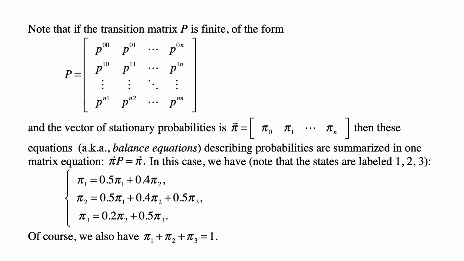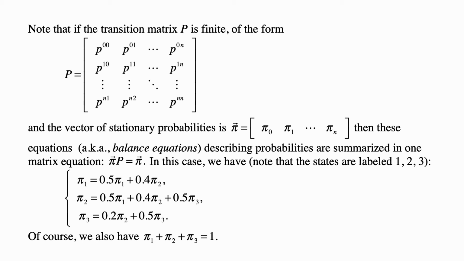Then these equations, also known as balance equations, are summarized in one matrix equation, pi times P is equal to pi. In this case, note that the states are labeled 1, 2, 3, not 0, 1, and so on. The notation with the 0 being the first state is the most common. That's the way the textbook has it. But in this case, they're called 1, 2, 3, so we write them for the states 1, 2, 3.